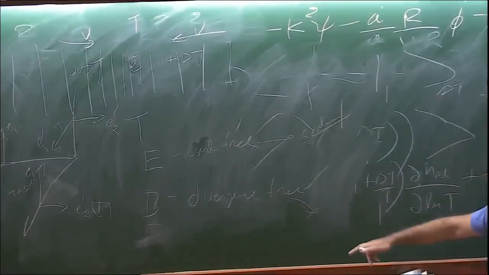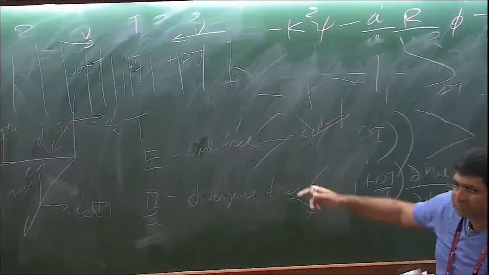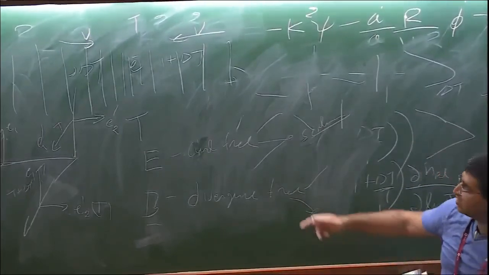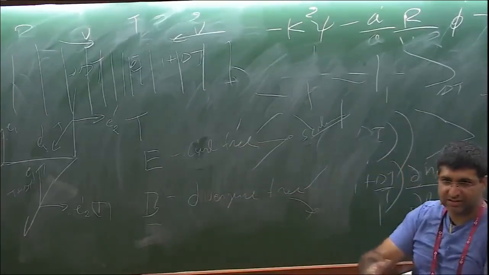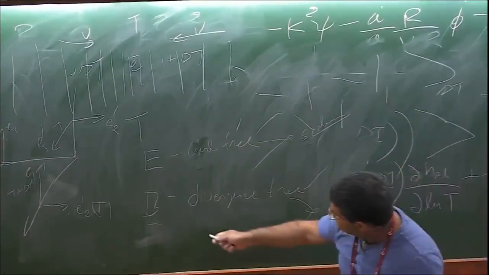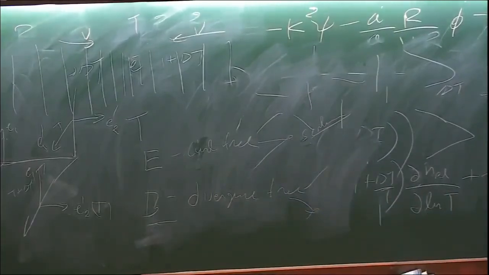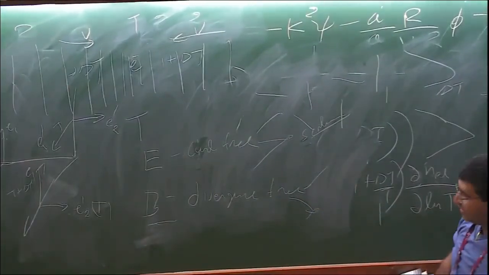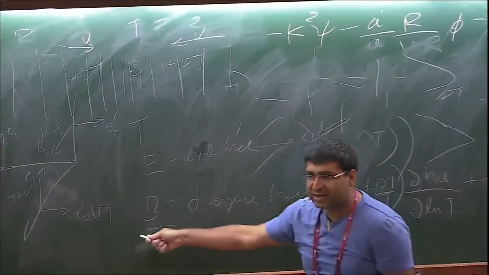So scalar modes cannot create this. If you have only scalar modes in the universe, we will only have E modes, because you cannot create a vector from a scalar. But if you have vector perturbations or tensor perturbations, then by definition they have divergence-free components, so they will create B modes.